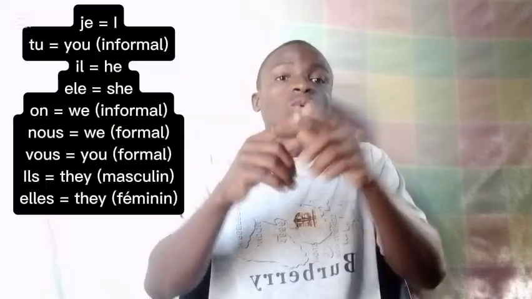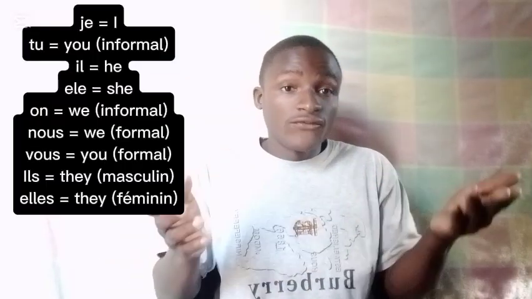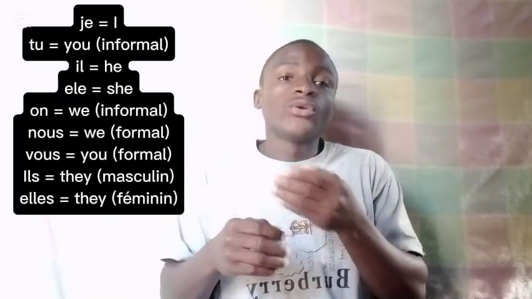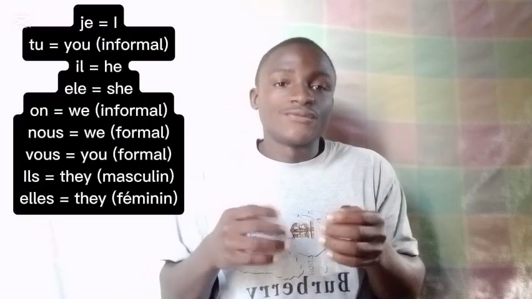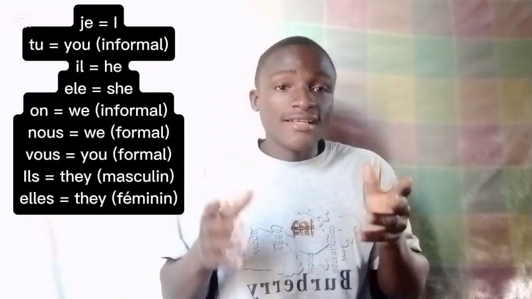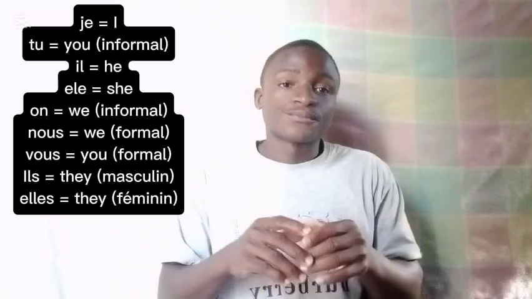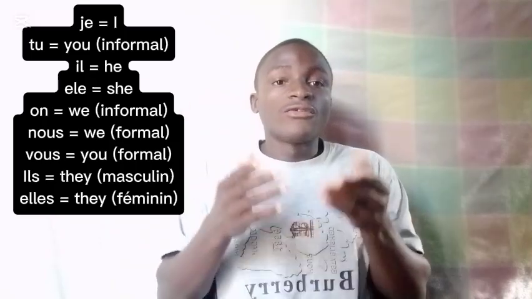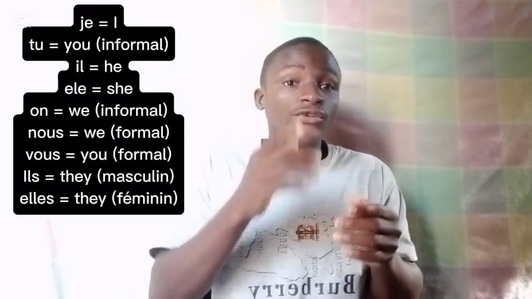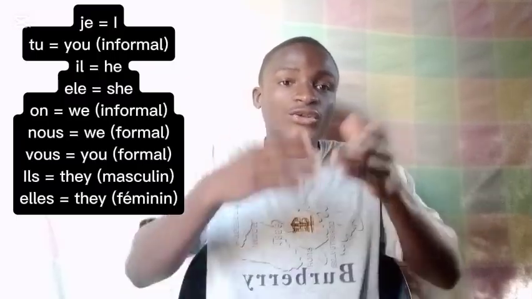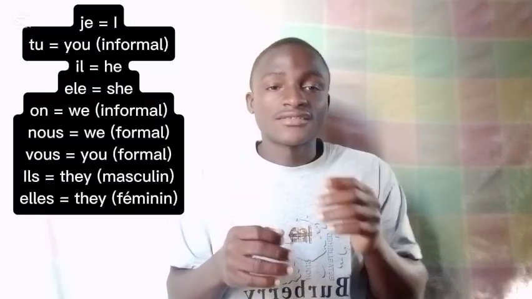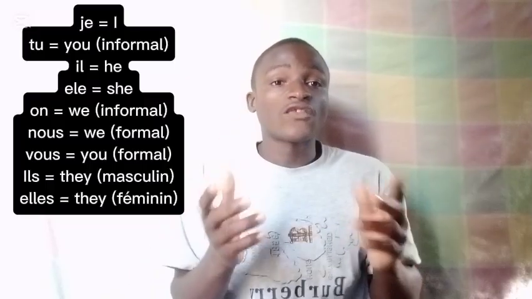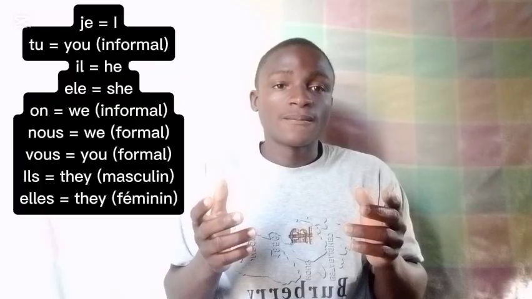On is we, but informal. Next, nous. Nous is we, formal. Vous. Vous is you or you, meaning you can use it to refer to one person or to refer to lots of people. Vous.